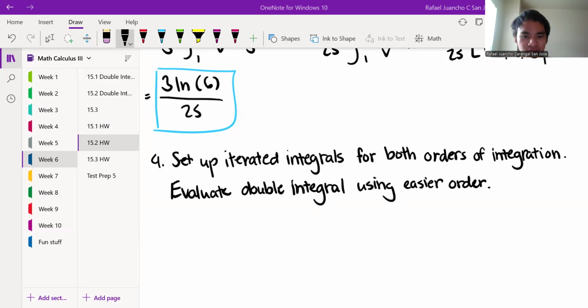So again, it depends on the region that we're going for.